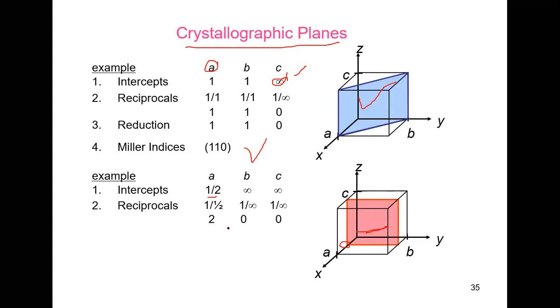If you take the reciprocal, it will be 2, 1 by half means 2, and then 0, 0. Now you can reduce 2, 0, 0 into 1, 0, 0. So 1, 0, 0 is the Miller indices. So again, why is it 1, 0, 0? This plane is parallel to this one.